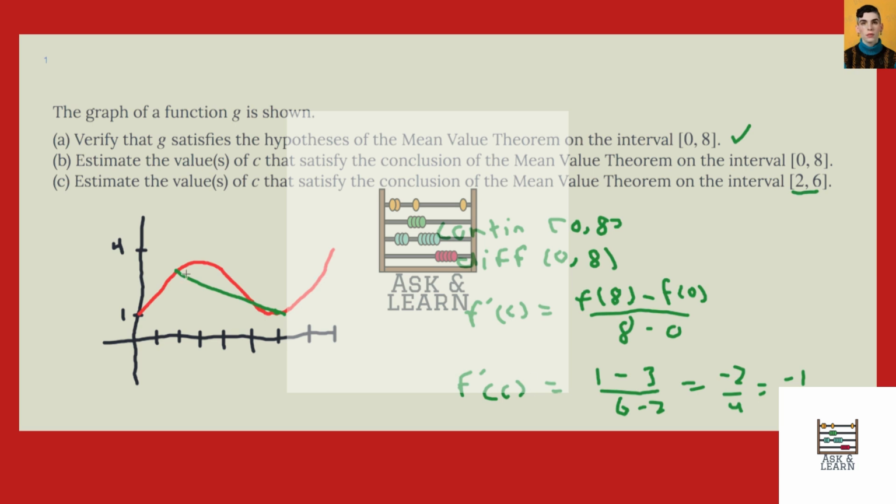Here you can see that this tangent looks very similar to this. It is parallel to the slope. This value is a little greater than 3. We could say 3.5.